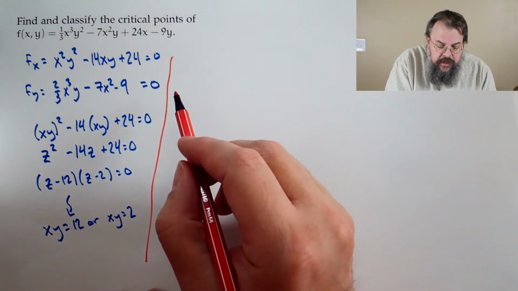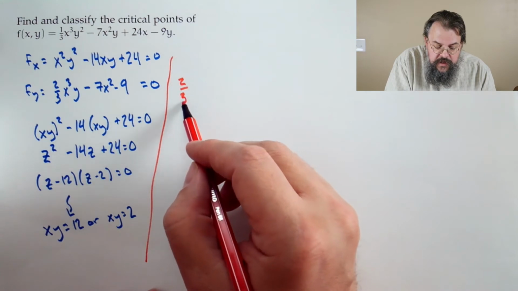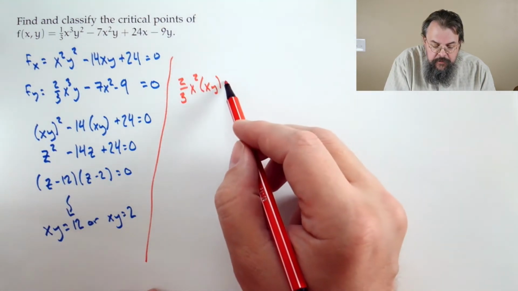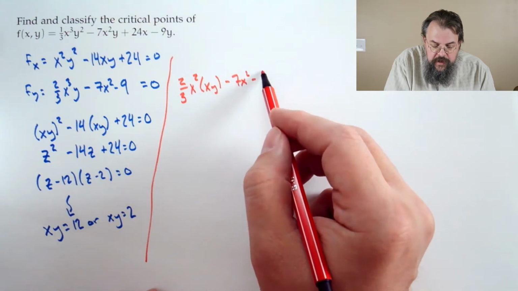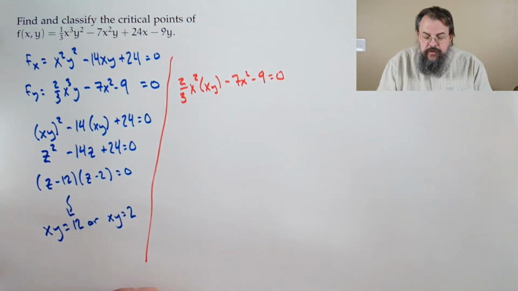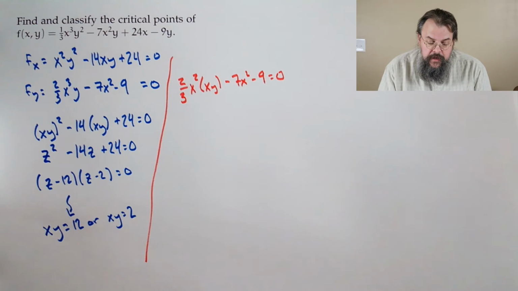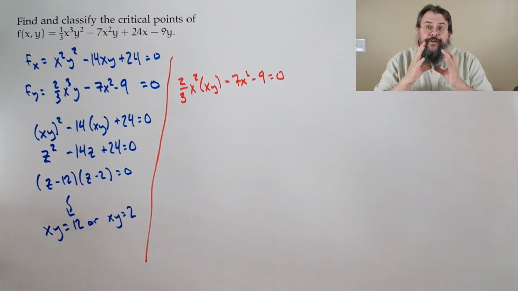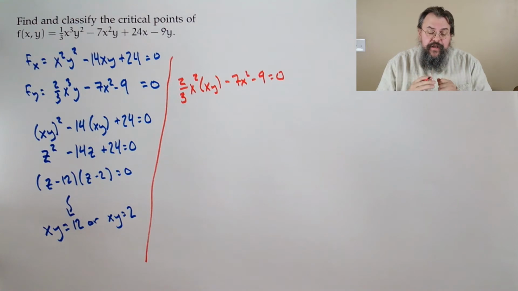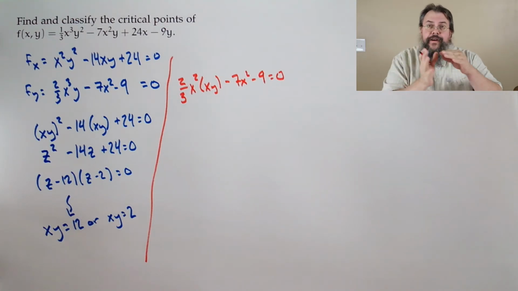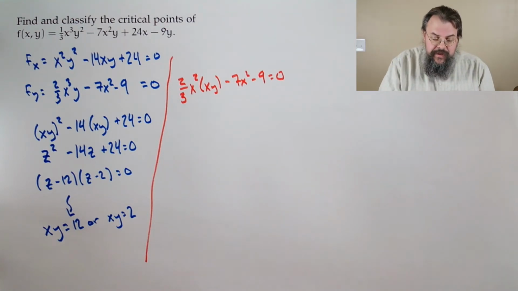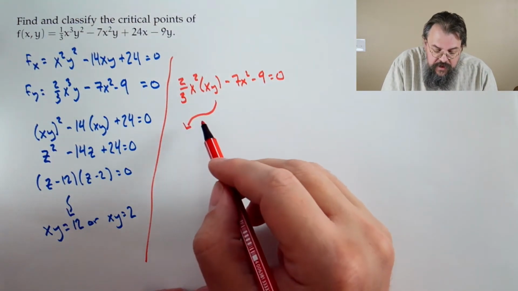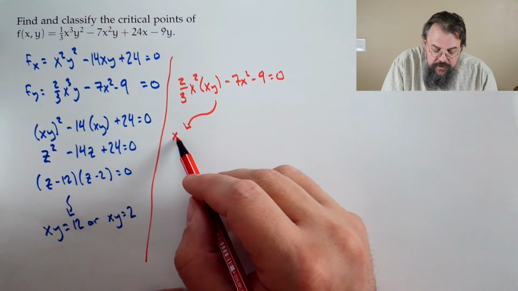So I can really think of this as 2/3 x squared times xy minus 7x squared minus 9 equals 0. And so we're going to say, aha, I can replace that xy now because we have two paths on which we get to travel down. So let's see what happens if we choose the xy equals 12.